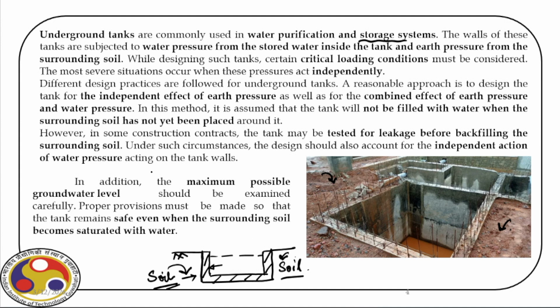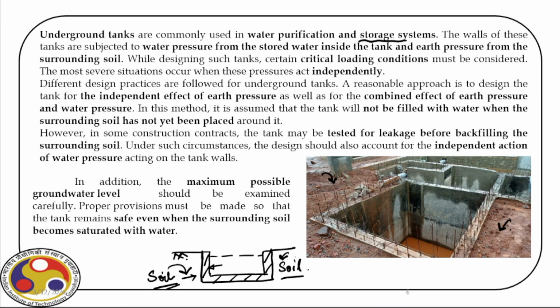So the critical loading conditions can actually vary. One situation is that the tank is empty and then only the soil pressure will act. On the other hand, we can have both soil pressure as well as the water pressure inside the tank.